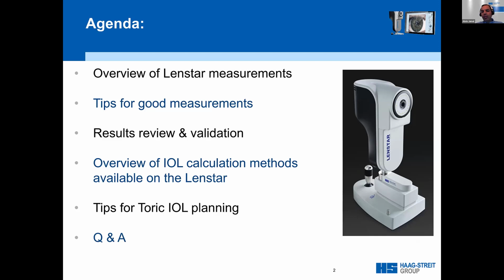I will then demonstrate how to review and validate, and correct certain scans. Further, an overview of IOL calculation methods available with the Lenstar, with focus on how to handle toric cases using EyeSuite Toric Planner. I will toggle between the presentation and EyeSuite software, showing cases to make things easier for you to understand.